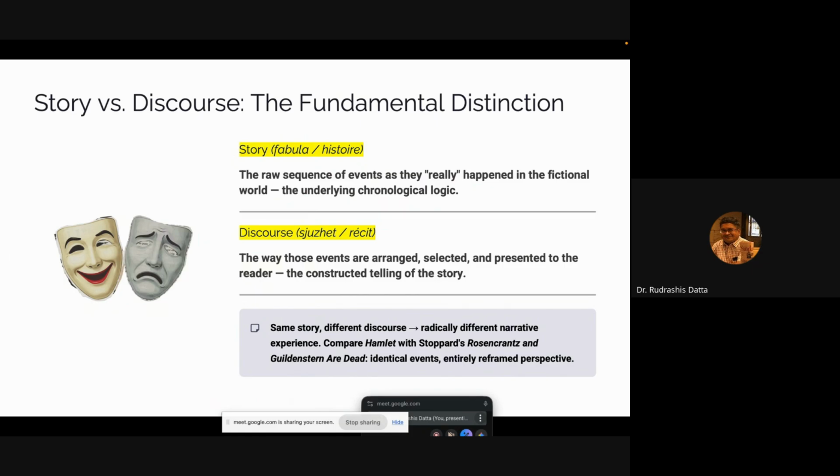Why? Because your good relationship with your friend is now no longer good. You will focus only on the negative aspects of your friend, right? So this is the reason why narratives are very, very important.